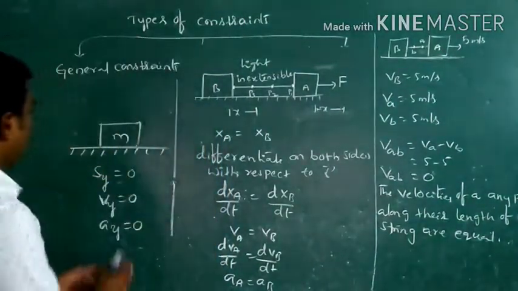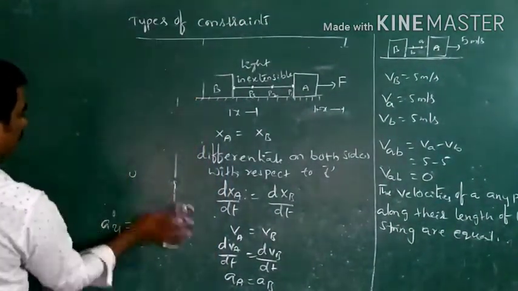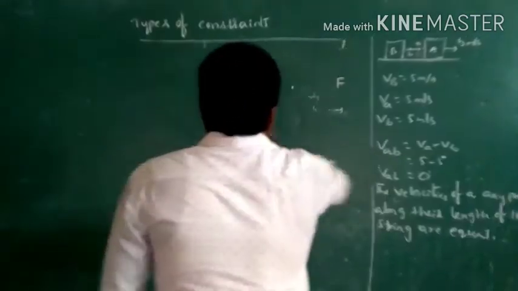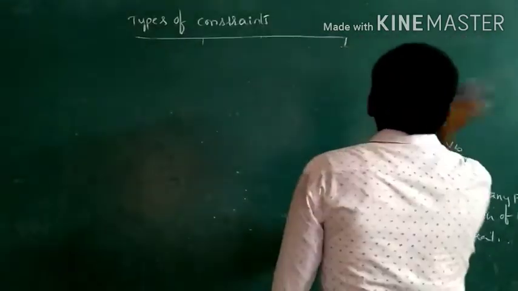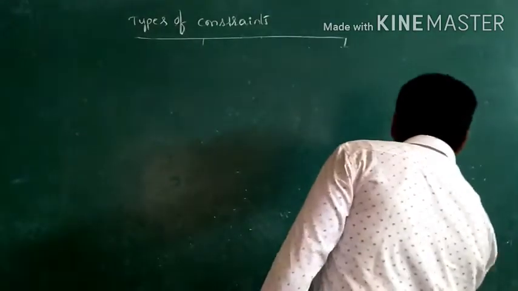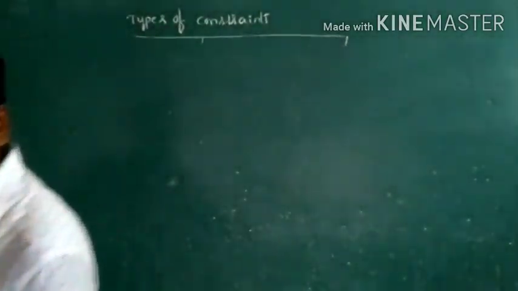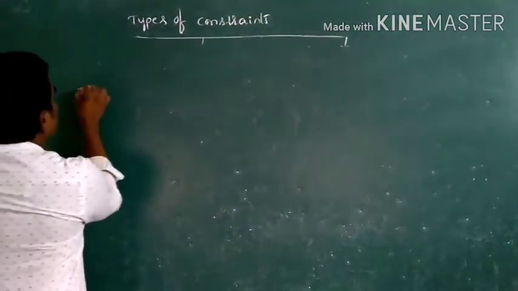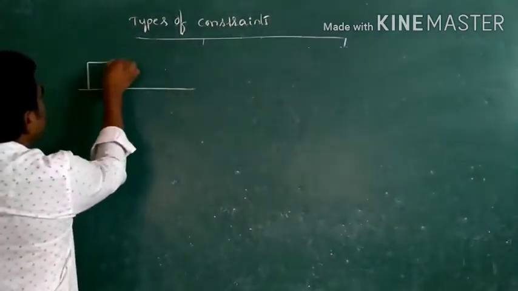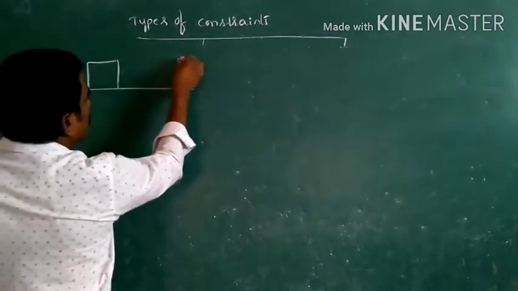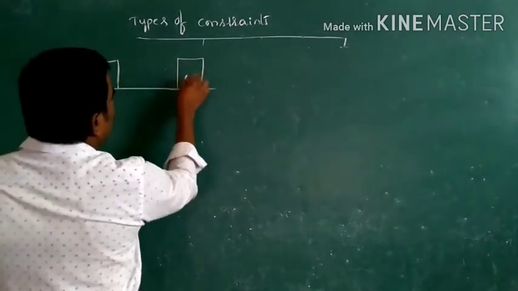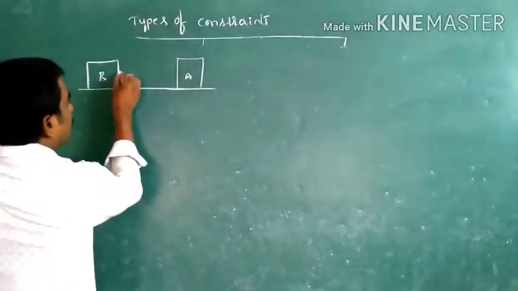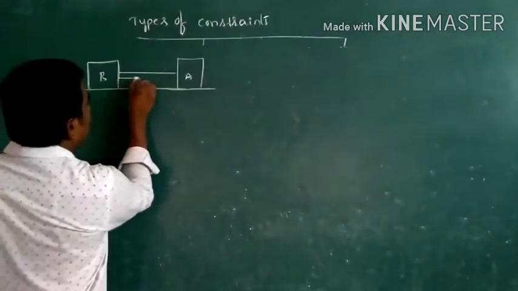Okay. In the same way, let us assume two blocks here, block A and block B. These two are connected with the help of a rod, an iron rod.